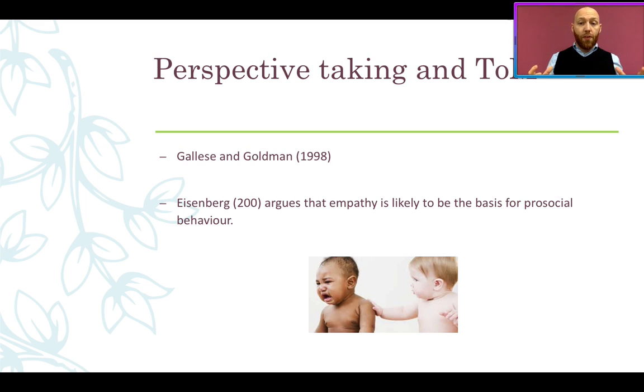Eisenberg argues that empathy is likely to be the basis for pro-social behaviour. Pro-social behaviour is positive social behaviour. Thinking of others, golden rule, all that stuff. And that empathy is built on the mirror neuron system. You've got Gallese and Goldman in your notes, have a little read.